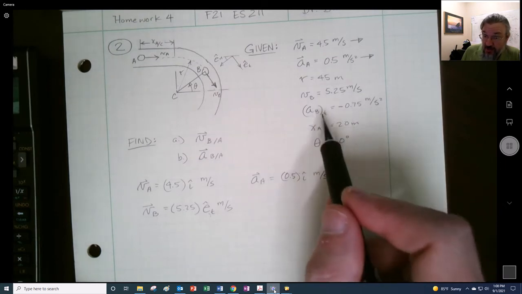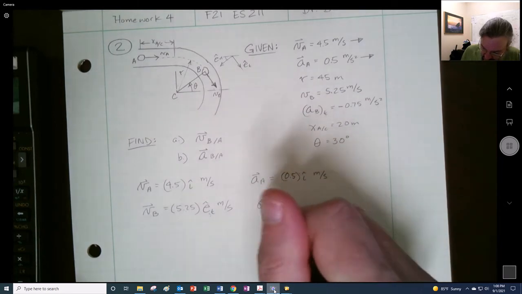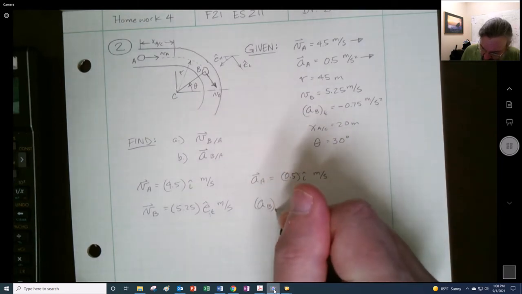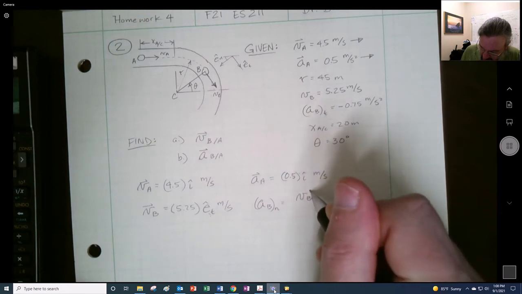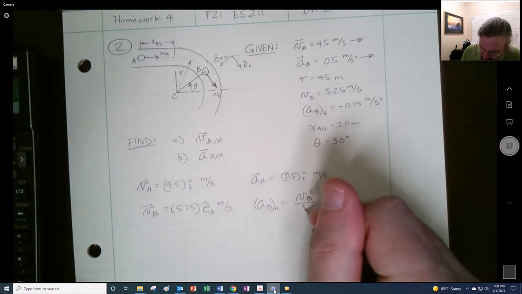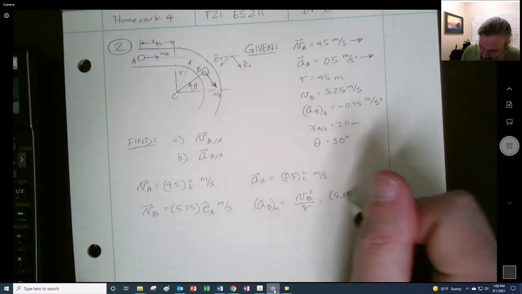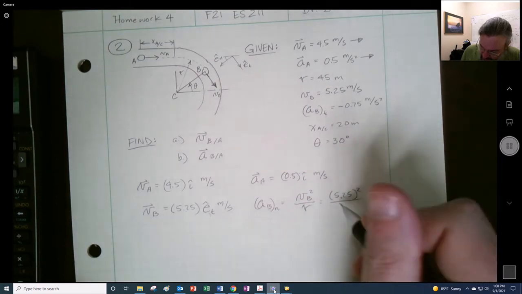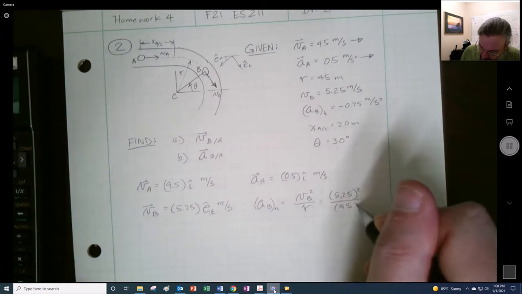We also need the normal component. The acceleration of B in the normal direction can be found from the velocity of B squared divided by the radius. So 5.25 squared divided by 45.